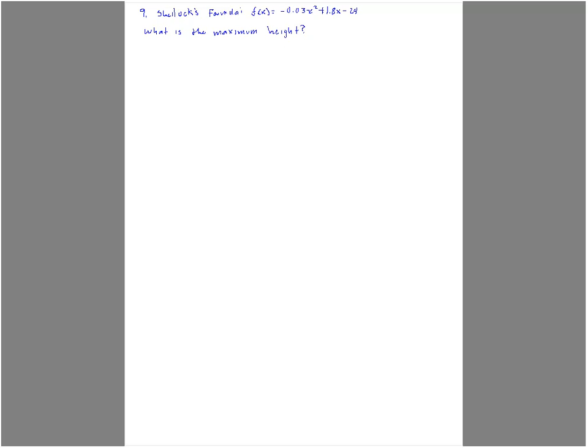Okay, and so that takes a little intuition in understanding how this problem works. But the idea is that this is a quadratic function because it's a polynomial equation or function, and the highest power is 2, so it's quadratic. And so we know that it's going to look like a parabola.